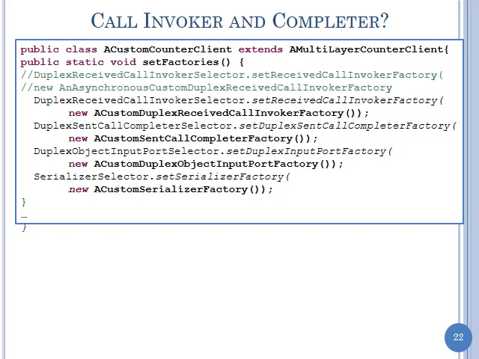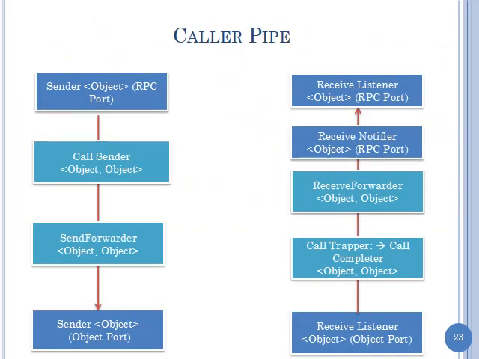So we know what the object input port is, and we talk about the serializer. So here's the caller pipe. You guys have another set of slides that talk about the basic algorithm. But what's going on here is that the caller is an RPC port. It gets a call method invoked, and it sends it through the call sender to the object port sender.